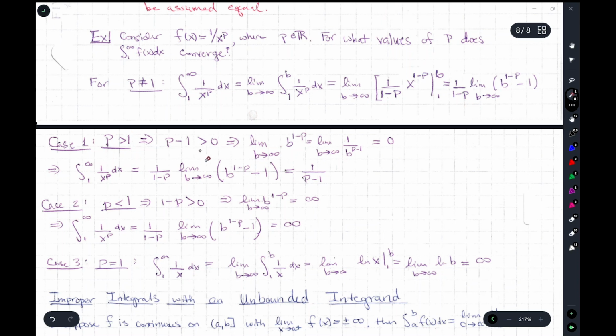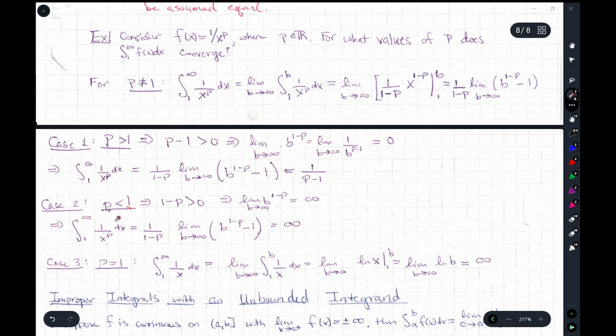Then p minus 1 is positive, which means 1 minus p is negative. And so you could write b to the 1 minus p as 1 over b to the p minus 1, right? If you take the inverse, you multiply the exponent by negative 1. And you could see then that p minus 1 in that case is positive, and as b goes to infinity, you get 0, and you get this final result for that improper integral.